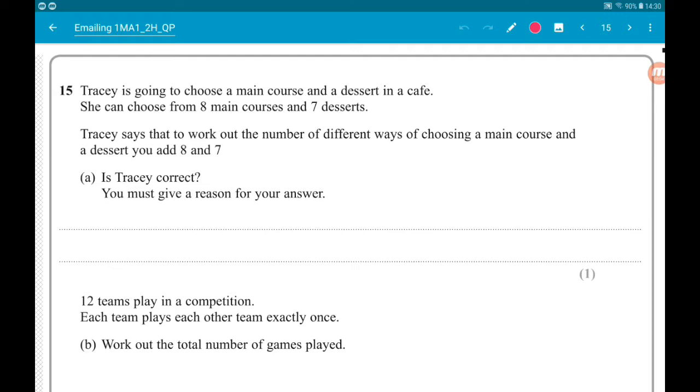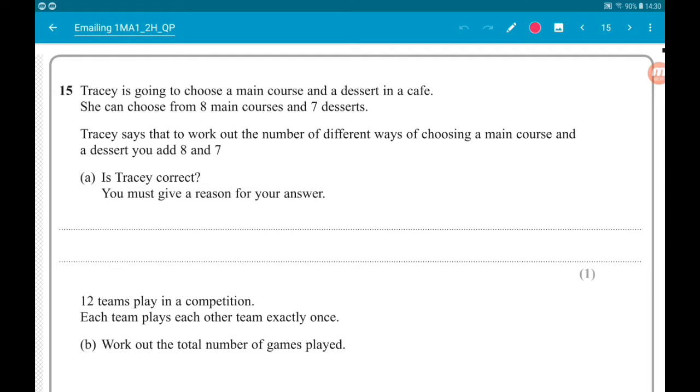Okay, number 15 we have combinations and permutations. So Tracy is going to choose a main course and a dessert at a cafe. She can choose from 8 main courses and 7 desserts. Tracy says that to work out the number of different ways to choose a meal, you add 8 and 7. Is Tracy correct?